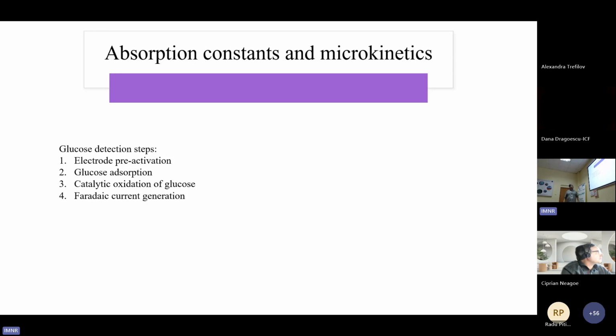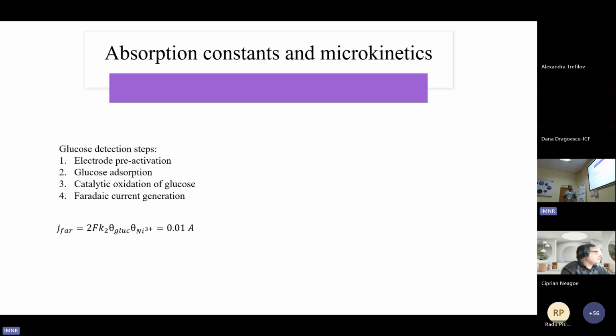From all of this, the determining step is the catalytic oxidation, because it uses the glucose and oxidizes it, compared to the electrode reactivation step, which just generates trivalent nickel species on which the glucose will attach itself. And I determined the Faradaic current to be 0.01 amperes, which is very low. This gives us an insight into the mechanism.